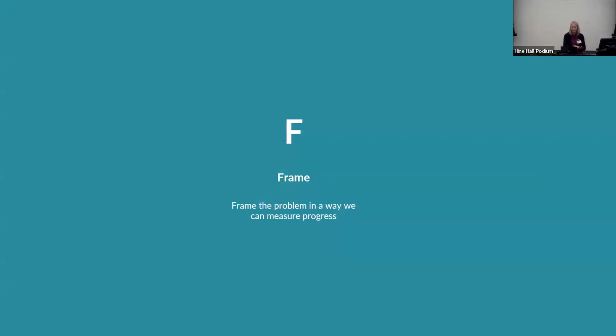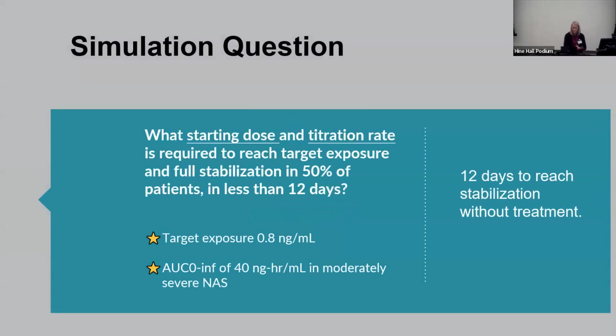Okay, so now we want to frame our problem in a quantitative question, or a way that we can measure progress. Our quantitative question is: what starting dose and titration rate is required to reach the target exposure and full stabilization in at least half of our subjects in less than 12 days?